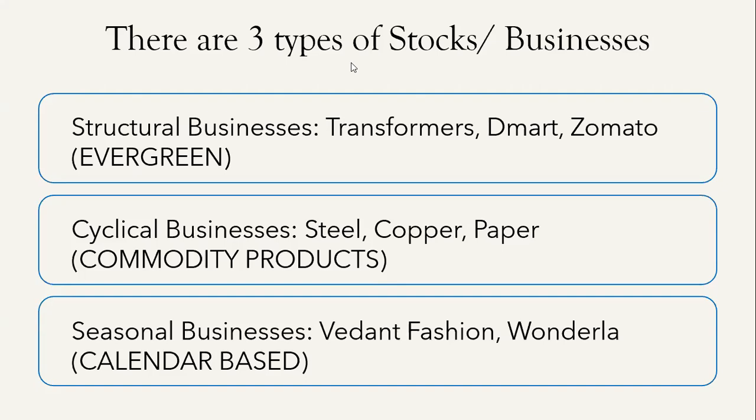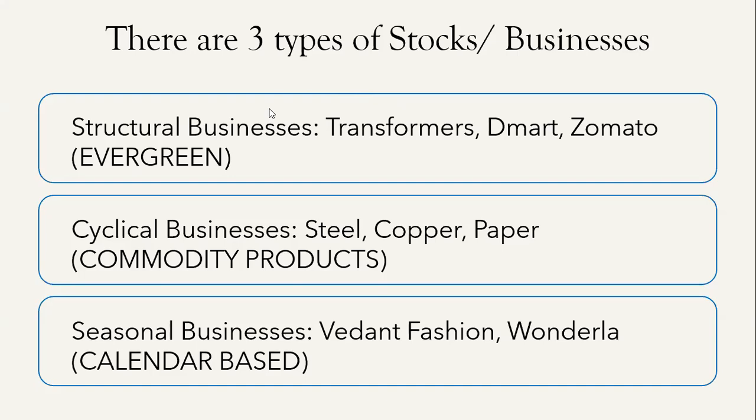Any business which does not depend on the season is mostly an evergreen business, right? If a company is making transformers, is transformer manufacturing evergreen or seasonal? Do you make more transformers in summers or winters, or is it equal? Doesn't matter.